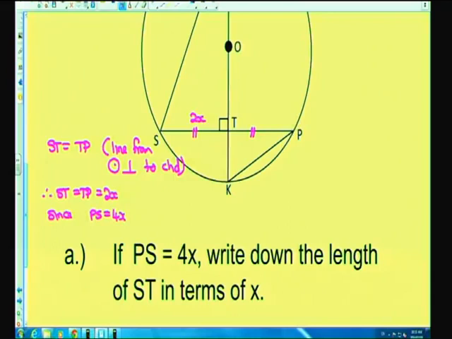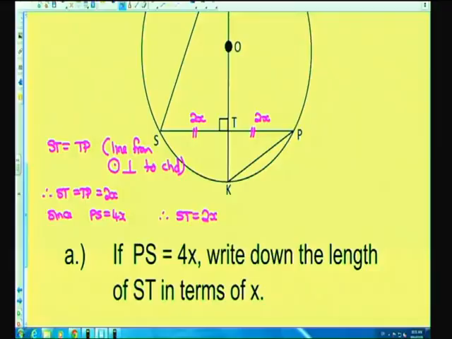So it's 2x and 2x. Right, write down the length of ST in terms of x. Well, you've done it. I didn't even think about it. I didn't even look at what the question said, and I've already got it. I know that ST is 2x. So you see, by looking at my drawing and looking for the theorems within the drawing, it just makes it easier for me to actually get into the question. Right, so that's the first part done.